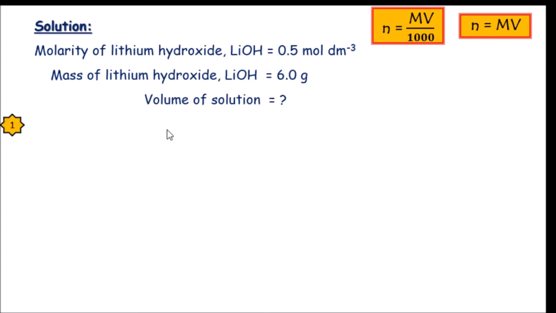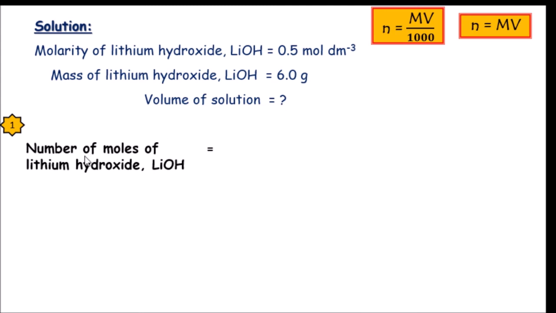So first step, always remember you can find the number of moles first. Can you tell me what is the formula here to find the number of mole, given that the mass of lithium hydroxide is 6.0 gram? Okay, good job. Number of mole is equal to mass over molar mass.